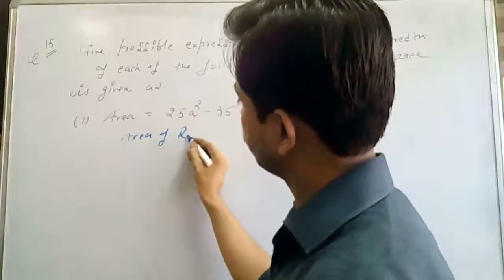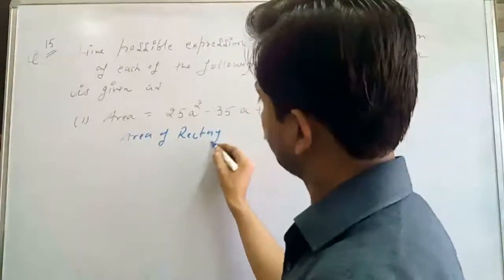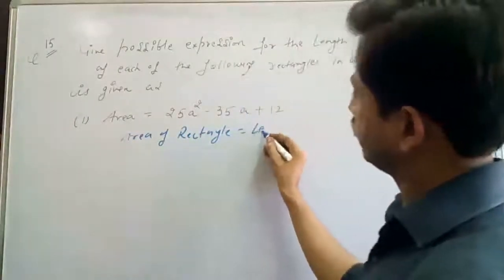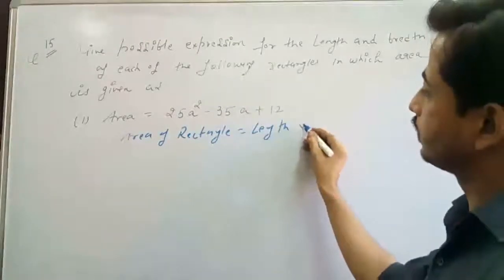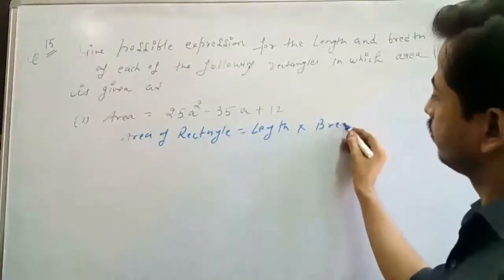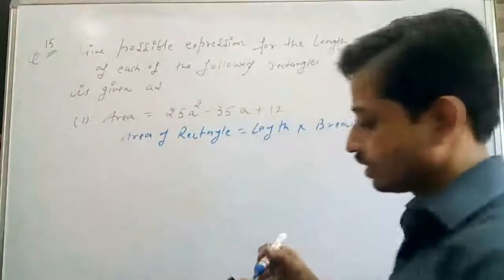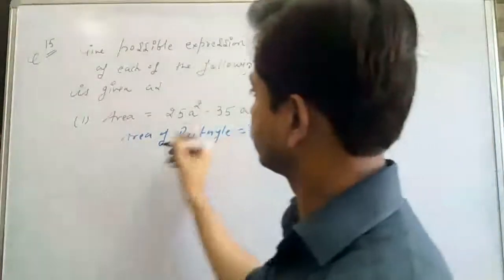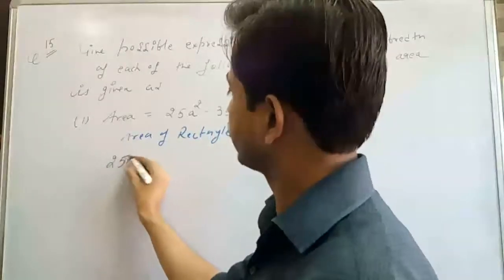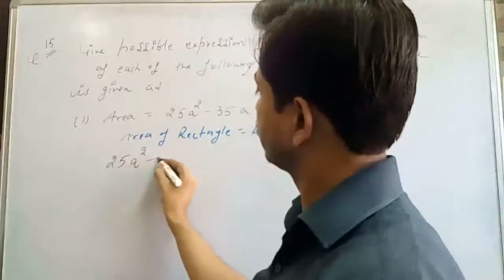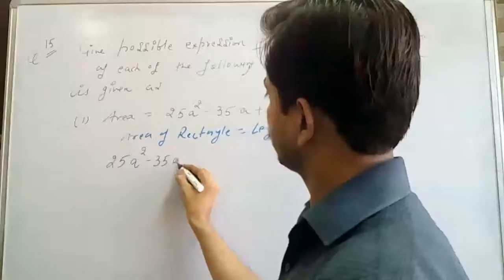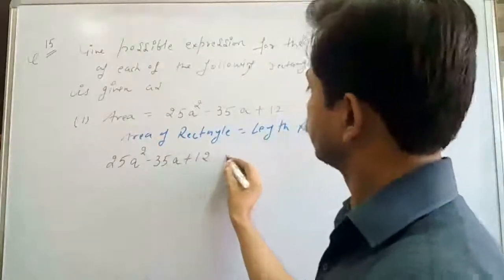Area of a rectangle is length multiplied by breadth, and the area is given. Area is 25a square minus 35a plus 12.